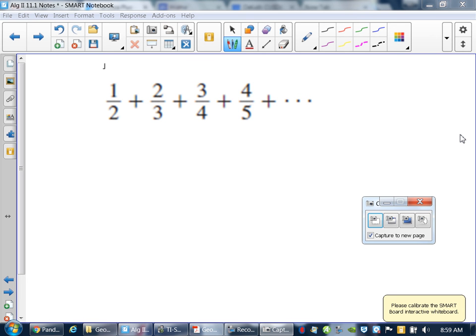What's the pattern? Look at the relationships between the numerators and denominators. What's the pattern? The denominator becomes the numerator. Okay. Each one of them is going up. Numerator goes up, denominator goes up.